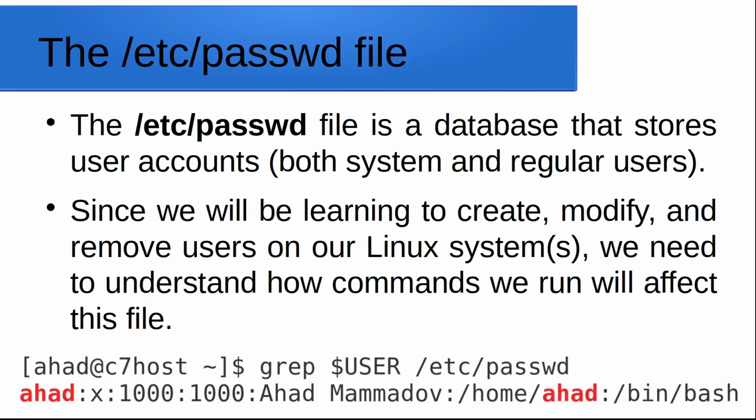But if you take a look in the file, here's using grep with the user global variable. You could just grep for a username. We see the current user logged in. This field with the X is always going to contain an X, but at one point in time that contained the user's password, which you can probably understand why that was removed, right? It's a bad idea. That was removed a long time ago, not even recent history.